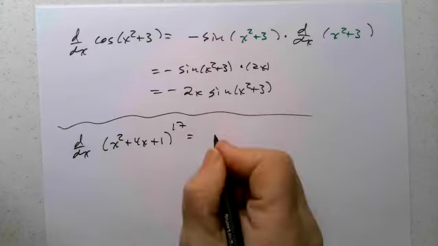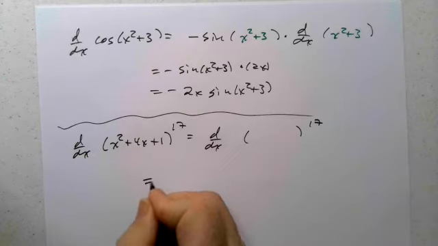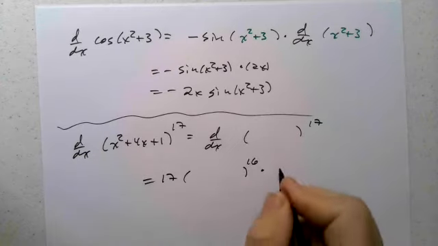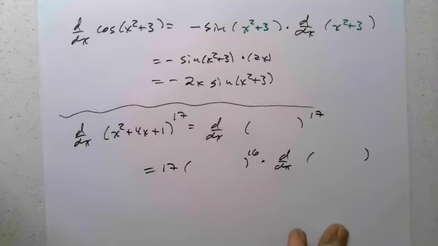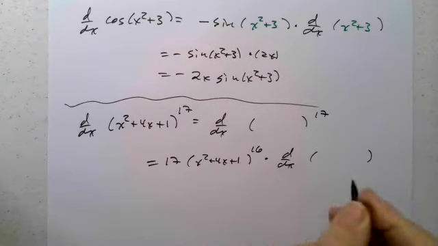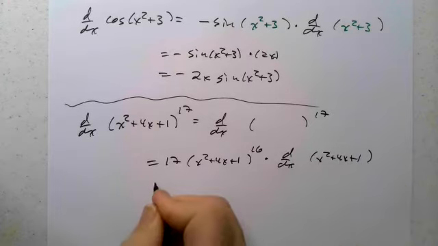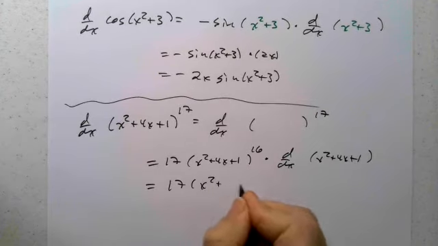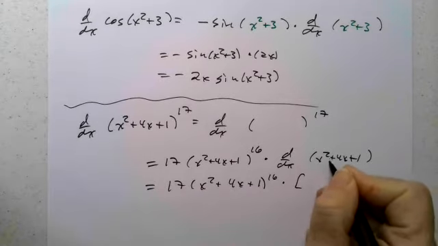Well, this is the derivative of something to the 17th power, which would be 17 times something to the 16th power times the derivative of the something being x squared plus 4x plus 1, as we untie these composed functions. And we get 17 times x squared plus 4x plus 1 to the 16th times the derivative of the inside.